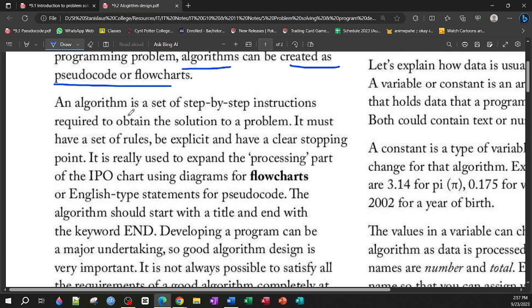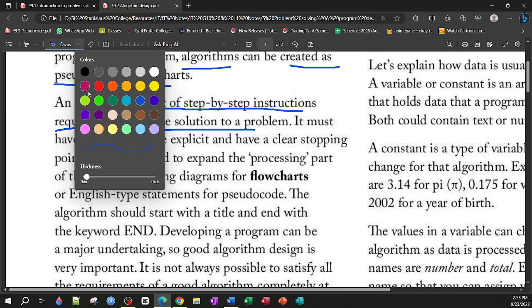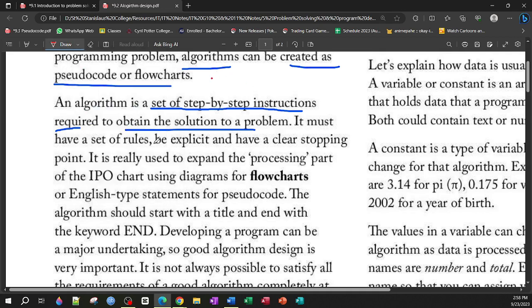An algorithm, as we would have already learned, is a set of step-by-step instructions that is required to obtain the solution to a problem. Remember, an algorithm always leads from a problem to a solution, and it's simply the steps that we take. It must have a set of rules, it must be explicit, and it must have a clear stopping point.